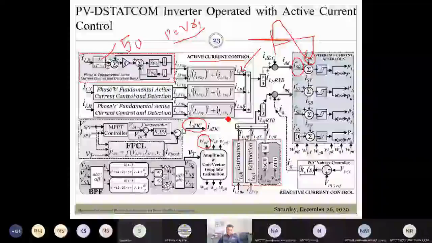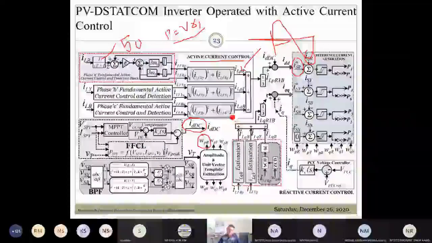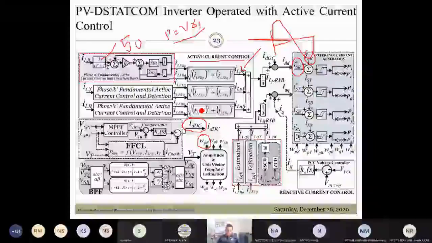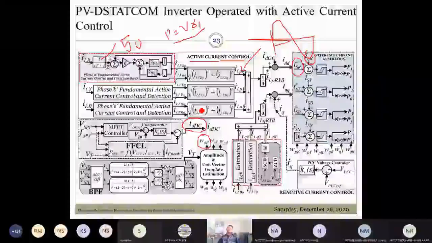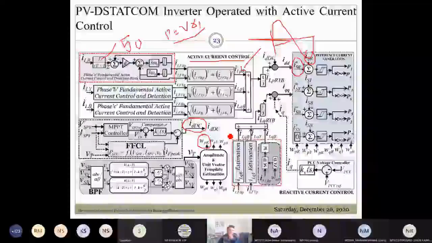Now look here. At present, there arises a question: should the PV inverter be allowed to provide reactive power support as and when required? This has been one of the subjects of high interest.